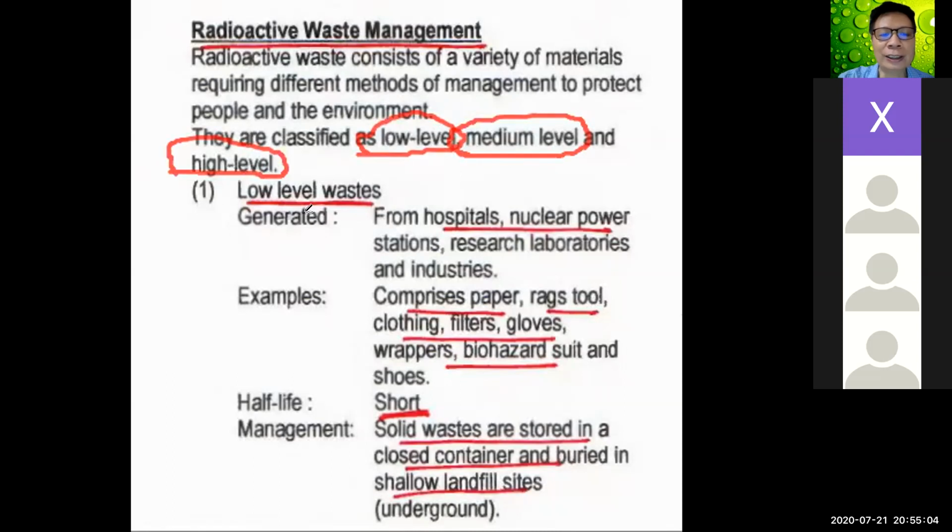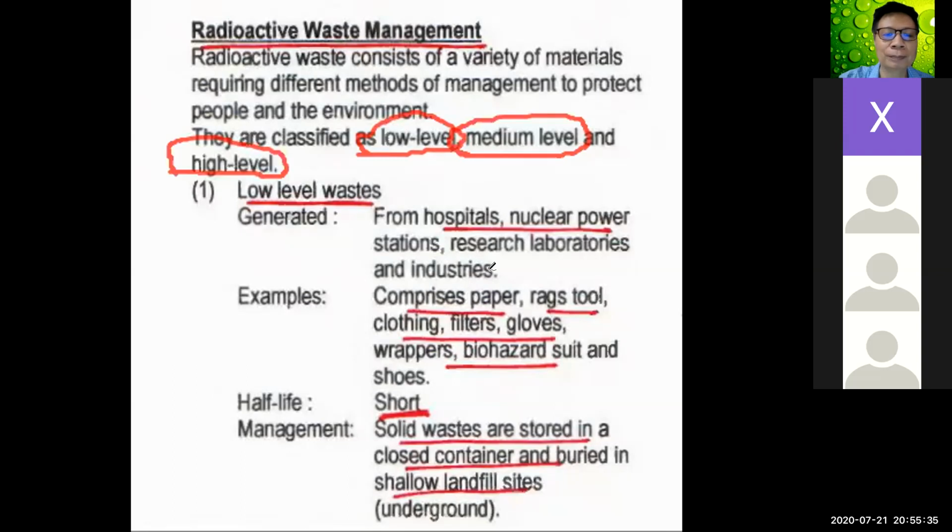Low level comes from hospitals, nuclear power stations, all these places. In fact, every single hospital in Malaysia also has radioactive material. Okay, nuclear power stations, research labs, and also industry. Example, paper. Paper is considered low level, or the paper that contacts the radioactive material.